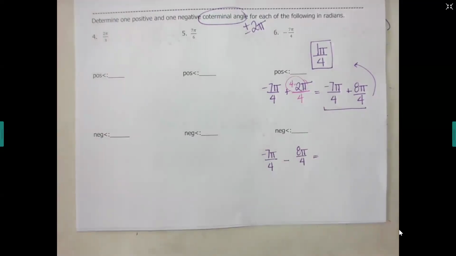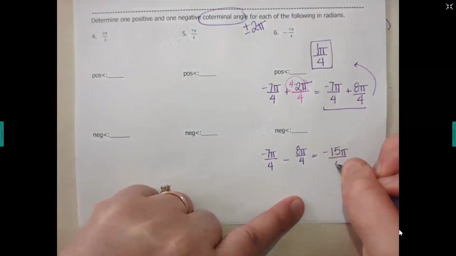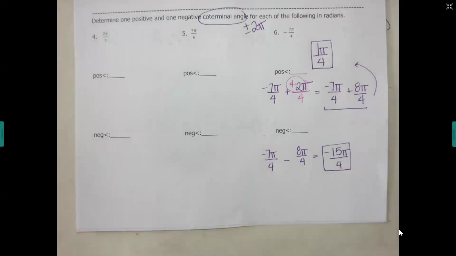If I borrow $7 from you and then I borrow 8 more, now I owe you how many? 15 pi over 4. So in degrees, you're adding or subtracting 360. In radians, you're adding or subtracting 2 pi, and you'll just have to make your bottoms match. Questions? Okay, good. If you can do your review, this test should be a cinch.